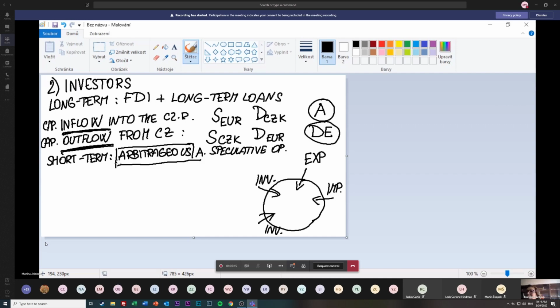These arbitrage operations use different exchange rates at the same time on different places. They use different exchange rates at the same time on different places.